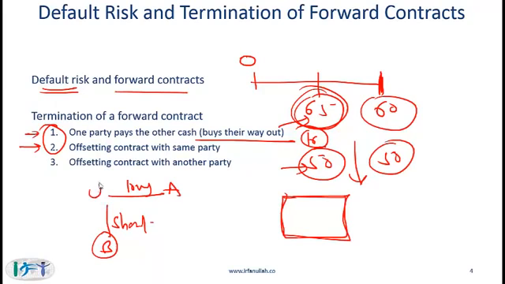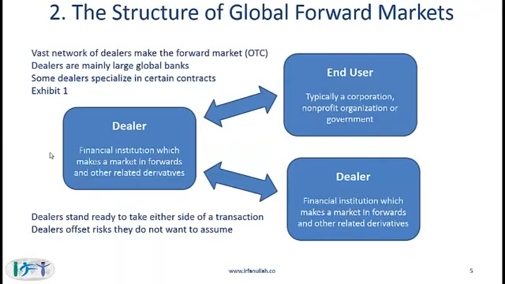So as far as you are concerned, your situation or your contracts are offset, because with A you are long, so A is going to deliver the asset to you, and with B you are short, so you are in a contract to sell that asset to B. But with this situation there will be credit risk, because you have a contract with two separate parties. With scenario 1 and 2 there is no credit risk.